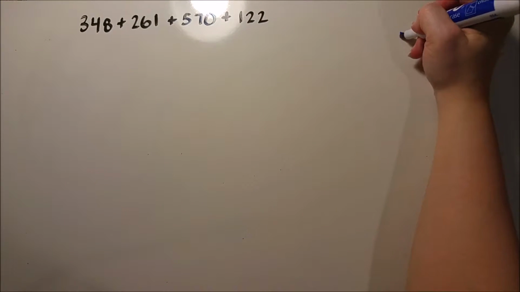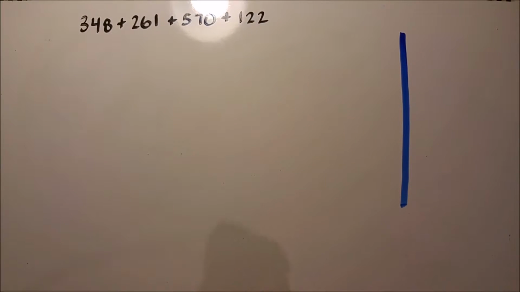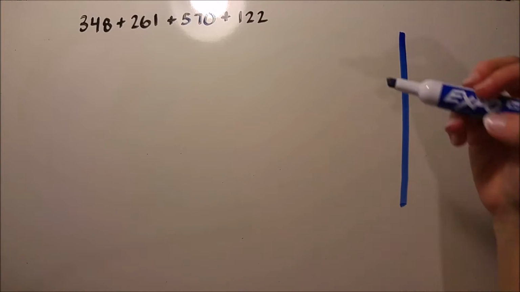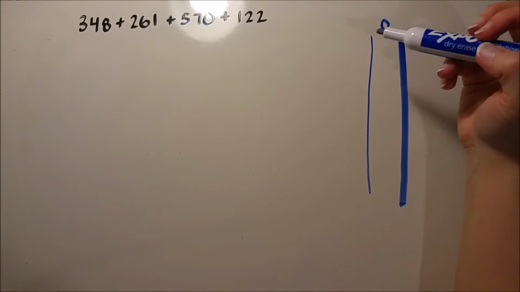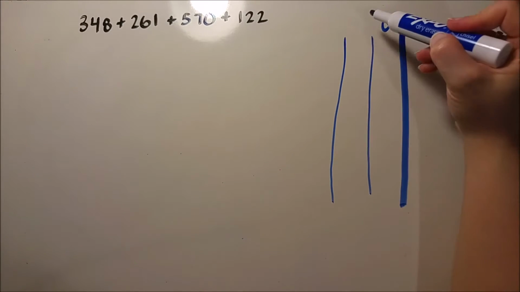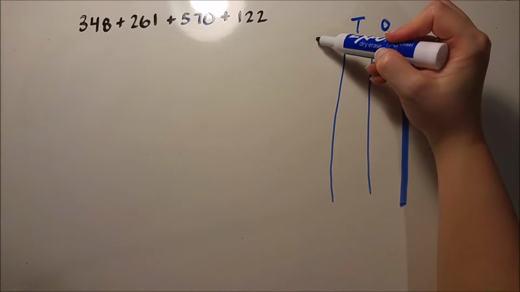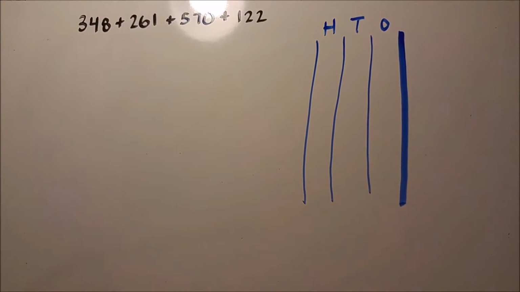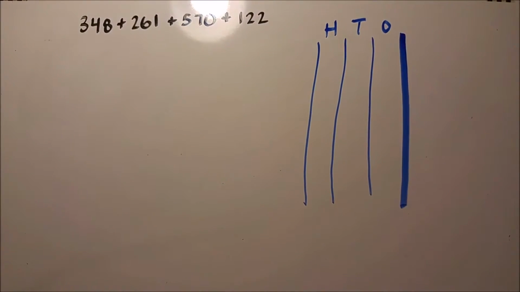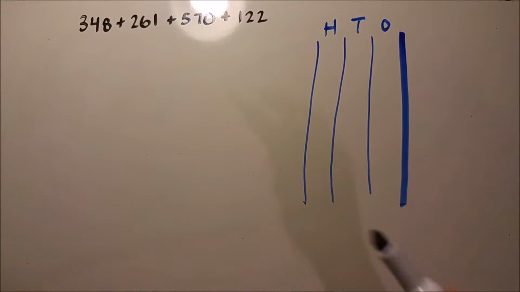Let's think of where the right side of our problem is going to be. And let's think of where our columns are going to be. We're going to need a ones column, a tens column, and a hundreds column. Now, if drawing these lines helps you, do it.